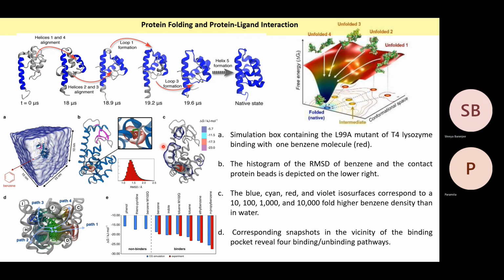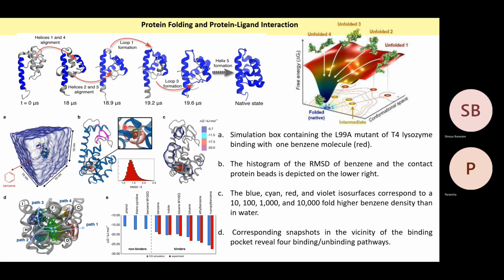So molecular dynamic simulation gave a picture of how the protein goes from the unfolded state to the folded native state. Also, molecular dynamic simulation can be used to study protein ligand interaction. What this first diagram shows is a simulation box containing a mutant of the T4 lysozyme binding to a molecule of benzene. This has been shown enlarged over here, where you can see this protein binding to a benzene molecule, which is shown in red.